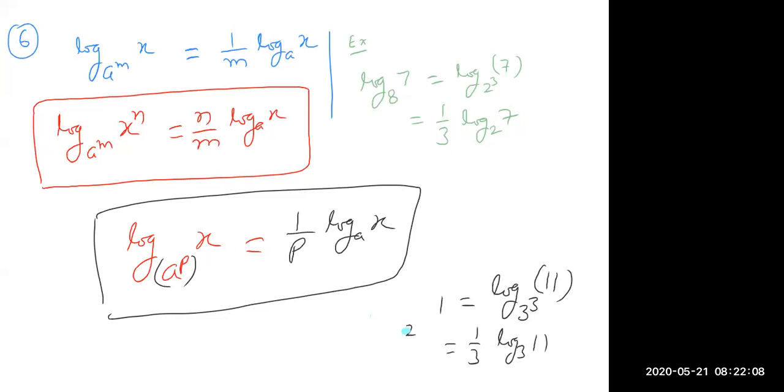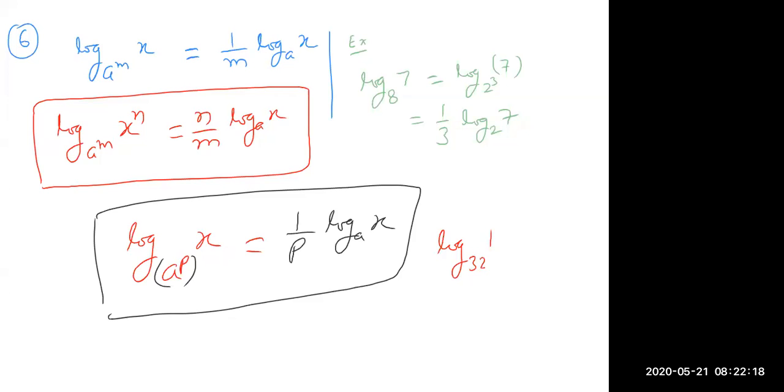Another example, take, if I ask you log 32 11, you can write this as log 2 raised to power 5, 11. So this will become how much, tell me? 1 upon 5 log 2 raised to power 11.